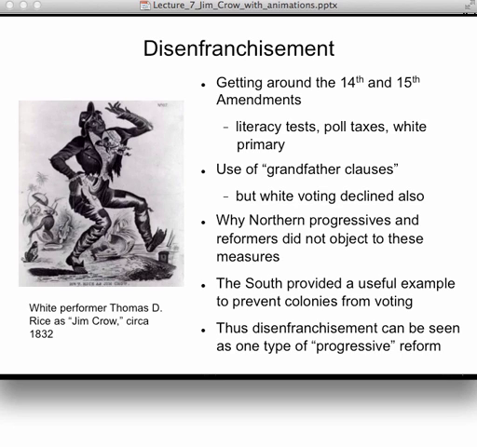And so by restricting voting, reformers hoped to eliminate corruption in elections.